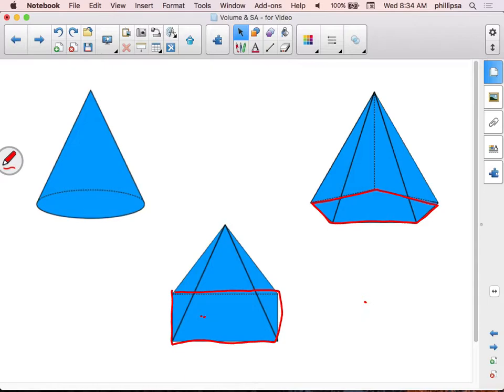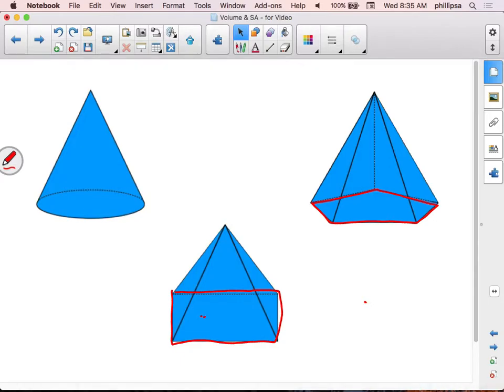So they also have a very general form to follow, but pyramids are very unique because what they are is actually 1/3 of a particular prism. So the cone is actually 1/3 of a cylinder.